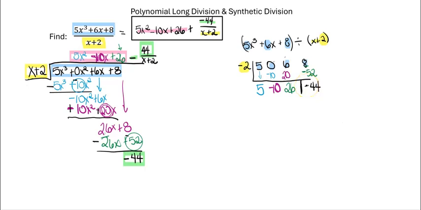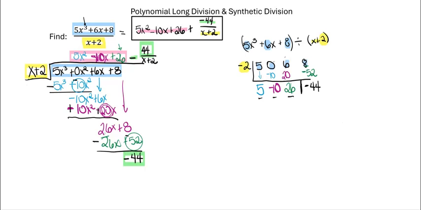So now what I'm going to do is say, what's my answer? How many times does x plus 2 go into 5x to the third plus 6x plus 8? Well, I'm going to rewrite this. These are my new coefficients. And because I'm dividing by a binomial with the power of 1, I'm going to go 1 degree down from my dividend degree, that x to the third.